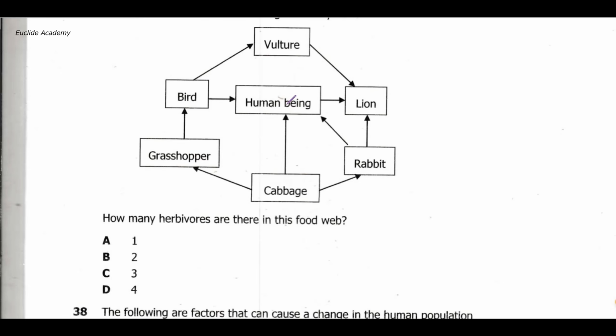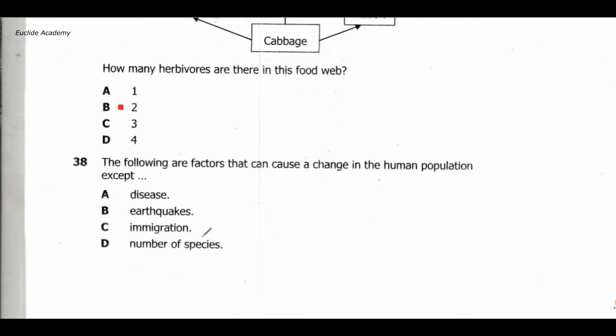So those which eat vegetables only. So I think we have a grasshopper, the rabbit. Human beings are omnivores, meaning they eat both vegetation and meat. So we can go with 2, rabbit and grasshopper.